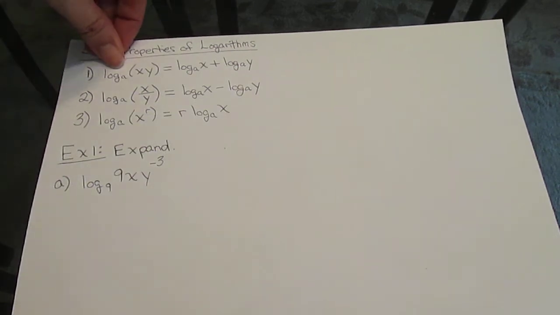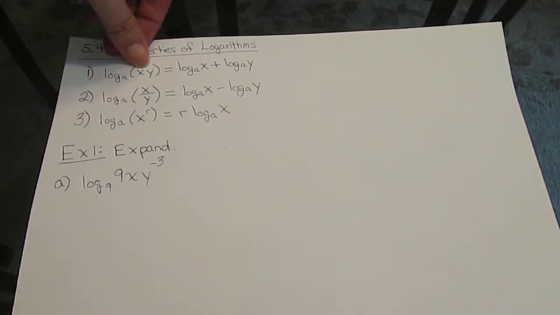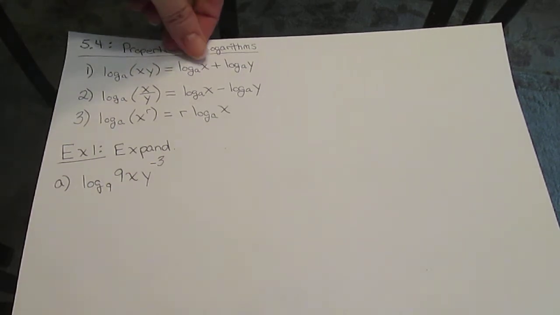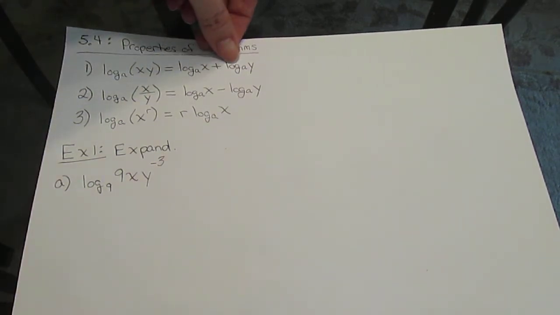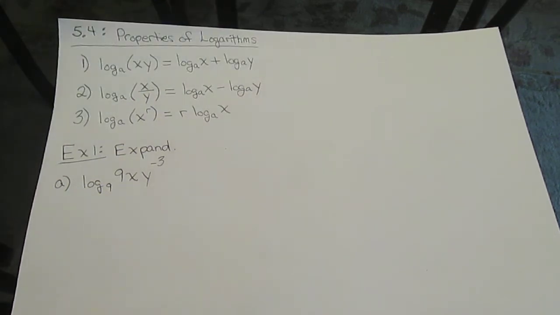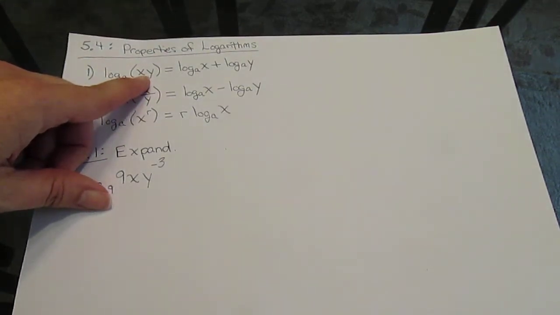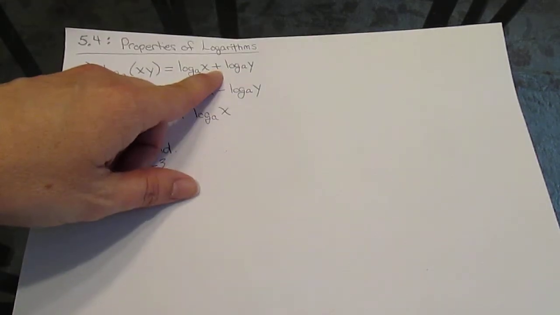The first one, log base a of x times y equals log base a of x plus log base a of y. They're showing you how you can break apart your logarithms. If you see multiplication inside here, you can split it up into different logs using plus.